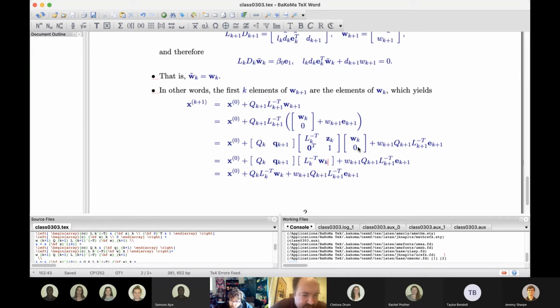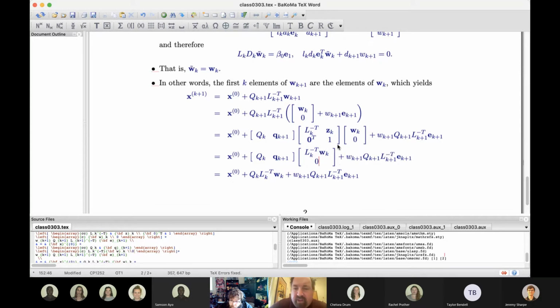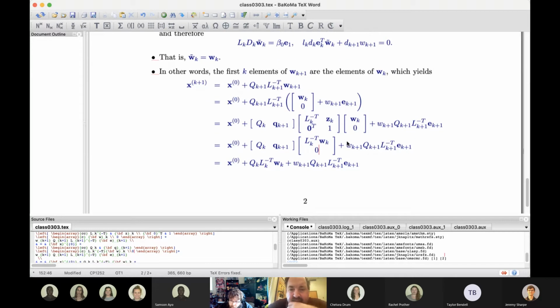So the last element is 0. So that's really convenient because now I carry out this multiplication. So notice it doesn't matter what z_k is. We literally do not need it at all. It can be whatever the heck it wants. And then, so we multiply this out and Q_{k+1} will not be involved here either. So now we have this.